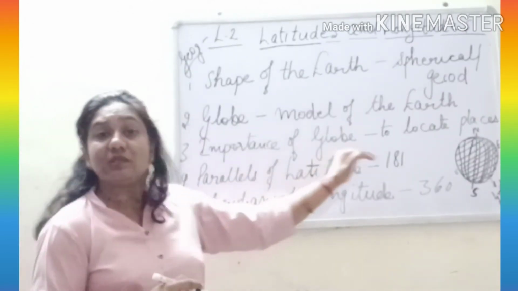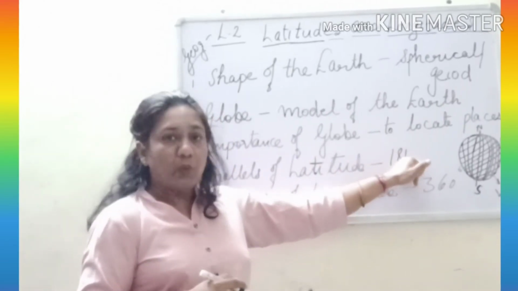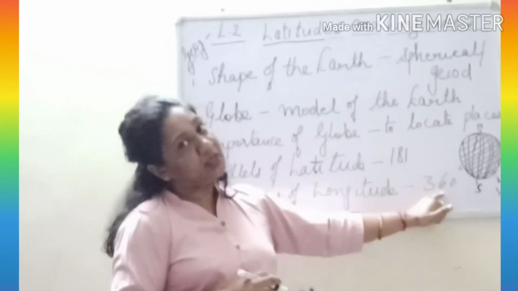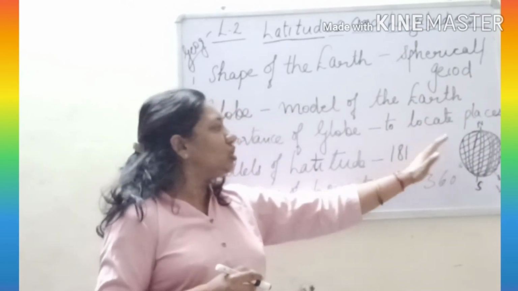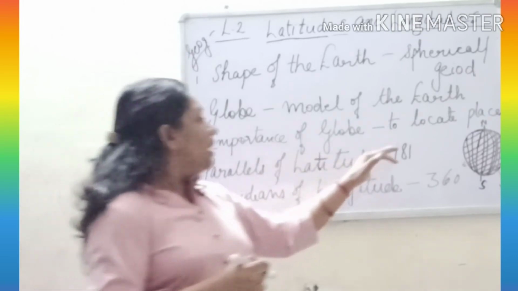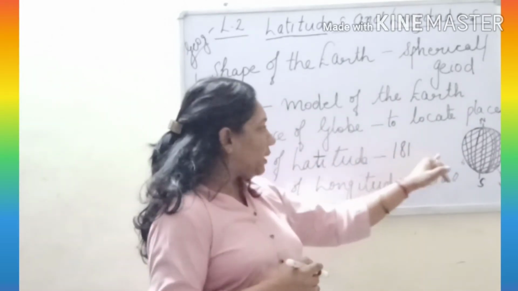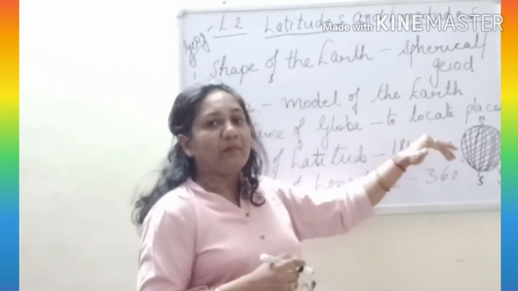And how many parallels of latitude we have? It is a total of 181, and meridians of longitude we have a total of 180 on one side, on the east side, and 180 on the western side. So total comes to be 360. And similarly 90 lines of parallels we have on this side and 90 in the southern hemisphere.